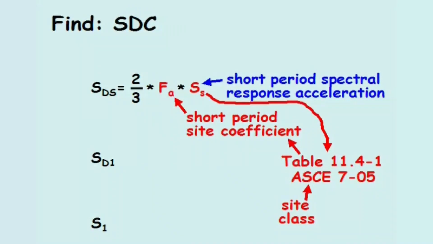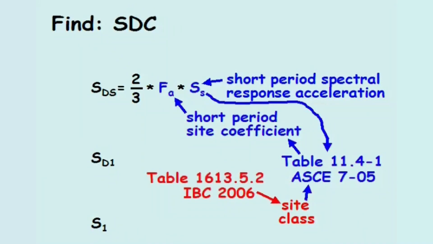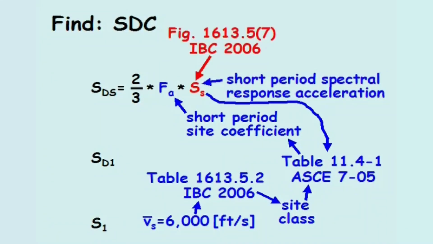The site class is determined using Table 1613.5.2 in IBC 2006, and a property of the soil, such as the shear wave velocity, V bar S. The short period spectral response acceleration can be determined using Figure 1613.5, number 7, from the IBC 2006, and knowledge of the structure's location.